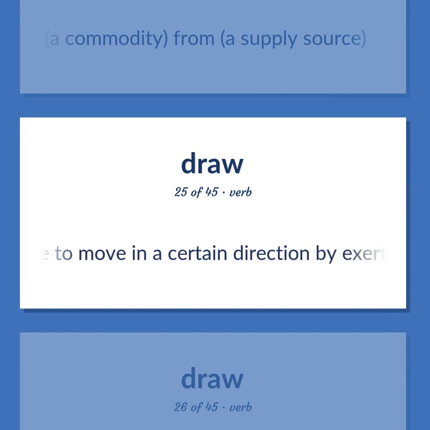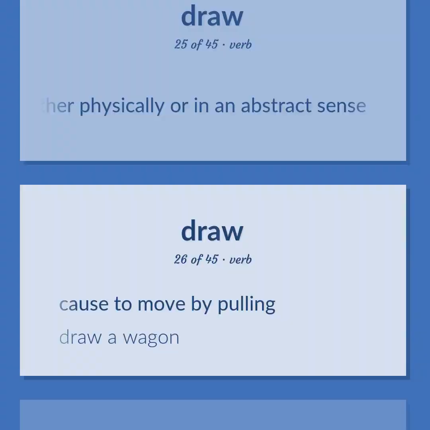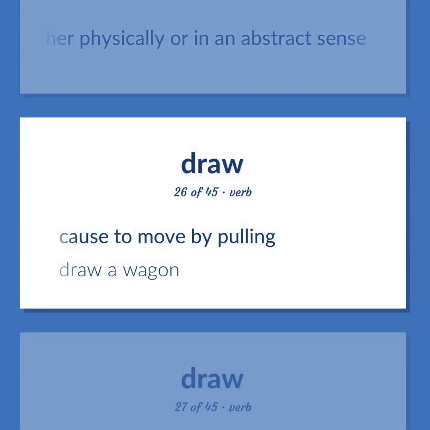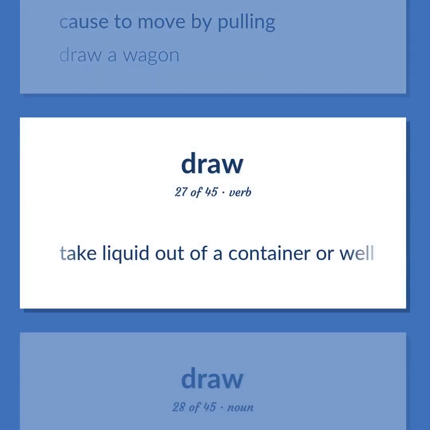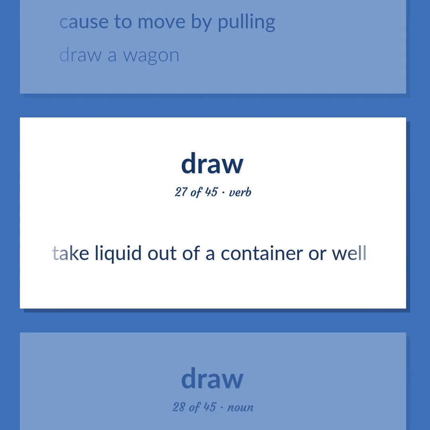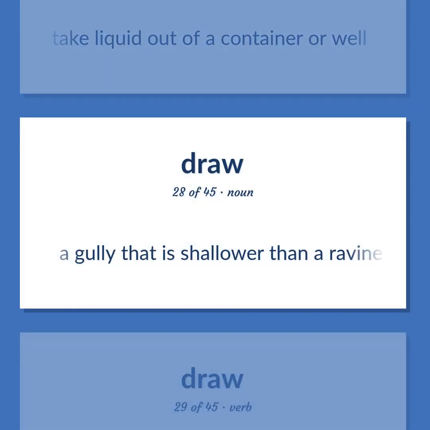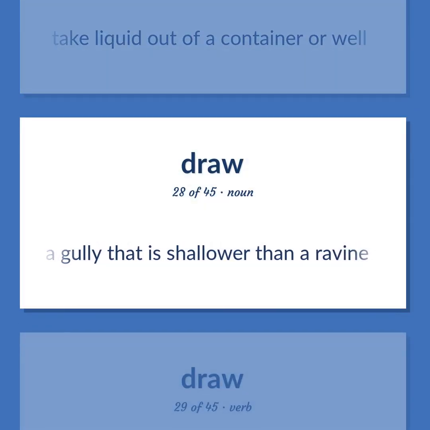Cause to move in a certain direction by exerting a force upon, either physically or in an abstract sense. Cause to move by pulling. Draw a wagon. Take liquid out of a container or well. A gully that is shallower than a ravine.